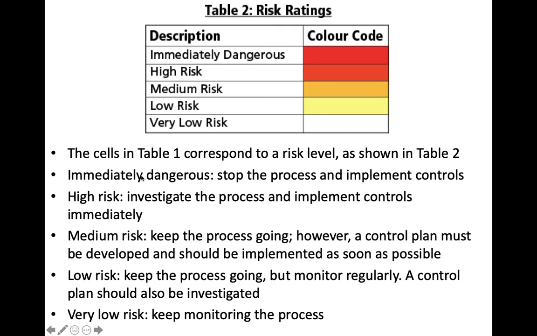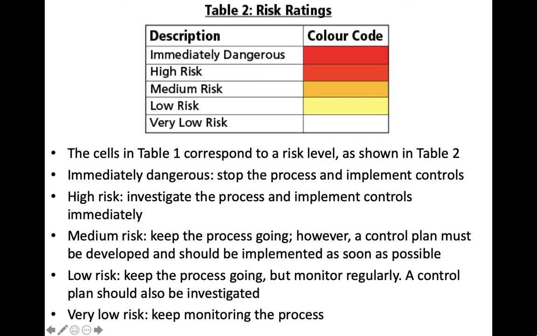If it's immediately dangerous, we want to stop the process and implement controls. If it's high risk, you want to investigate the process and implement controls immediately. If it's medium risk, you want to keep the process going. However, a control plan must be developed and should be implemented as soon as possible. If it's low risk, you want to keep the process going but monitor regularly, and a control plan should also be investigated. And if it's very low risk, you want to keep monitoring the process.